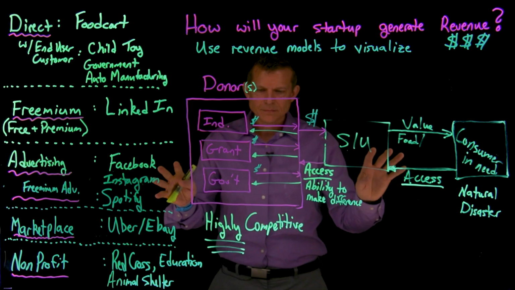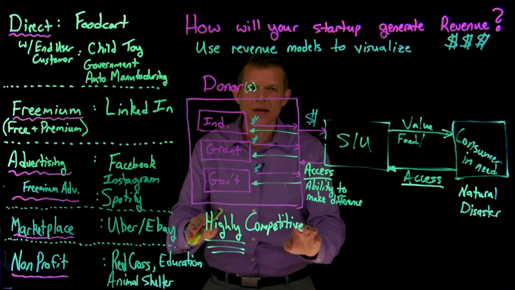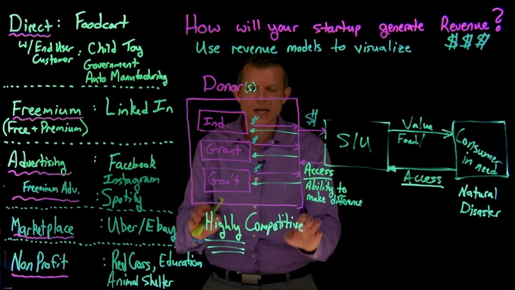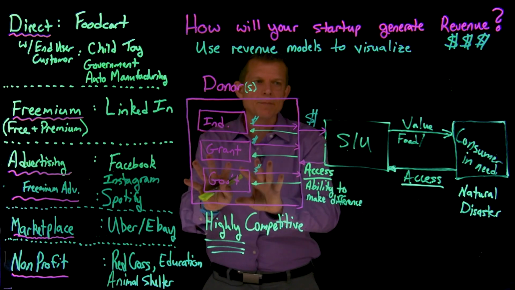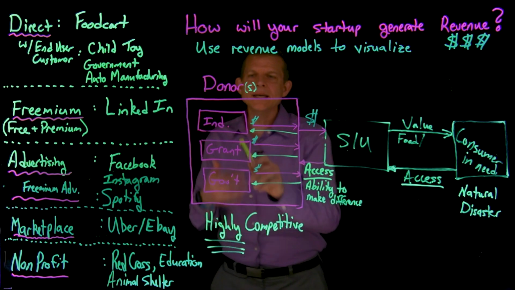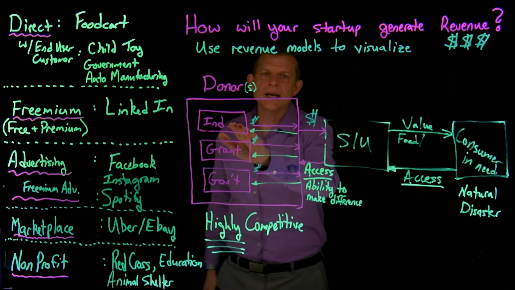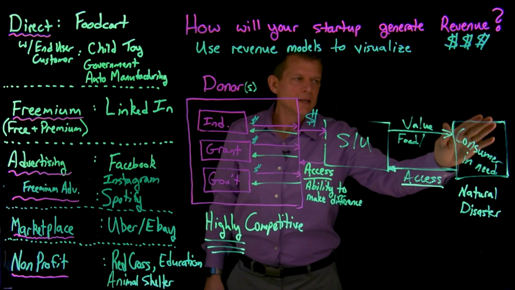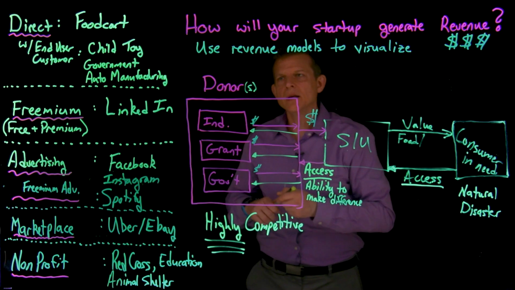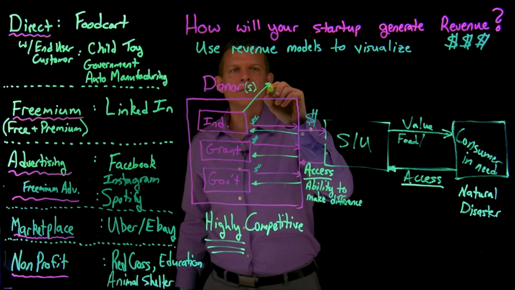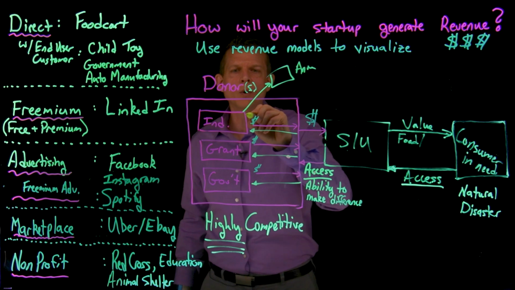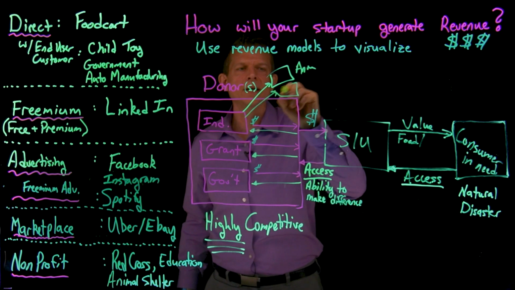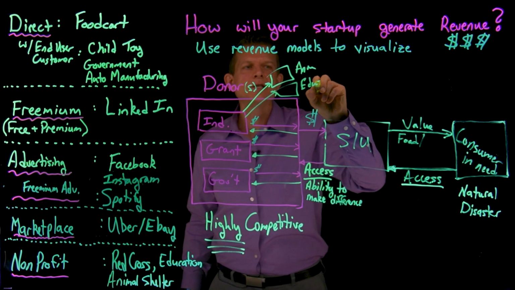Well, listen, this is highly competitive. This is a challenging market in order to get money, because not only can I as an individual give money for disaster relief, but maybe I like to give money over here instead to animal shelters, or I want to give money over here instead to education.